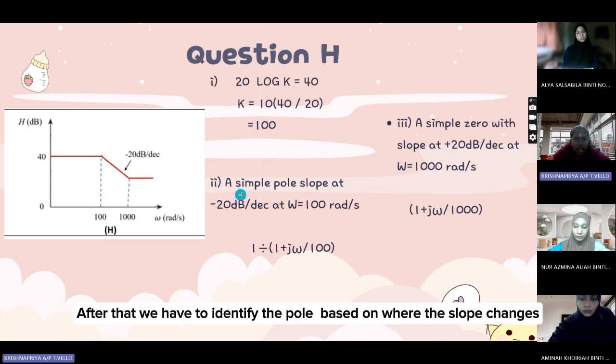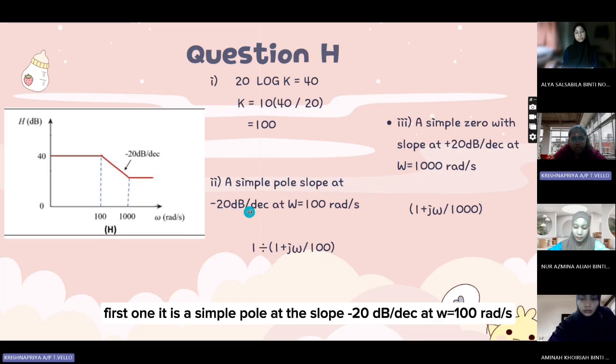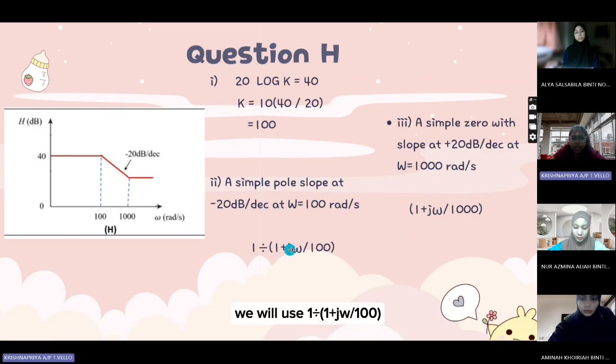After that, second one, we have to identify the pole based on where the slope changes. First one is a simple pole at a slope negative 20 dB per decade at omega 100 radians per second. We will use 1 over 1 plus j omega over 100.